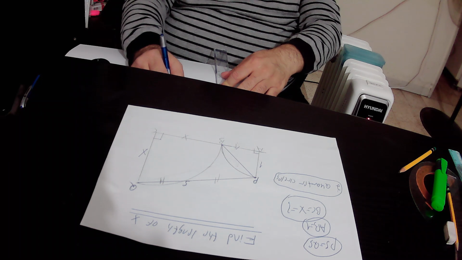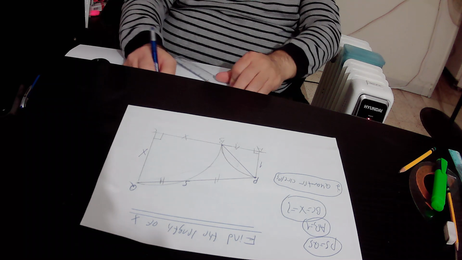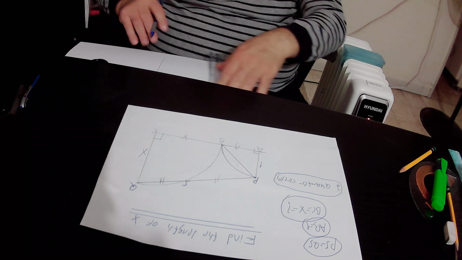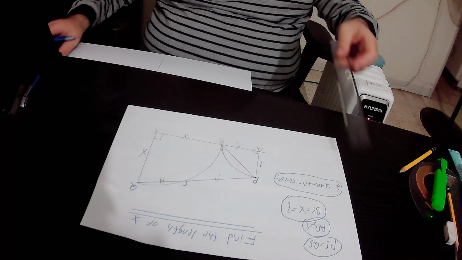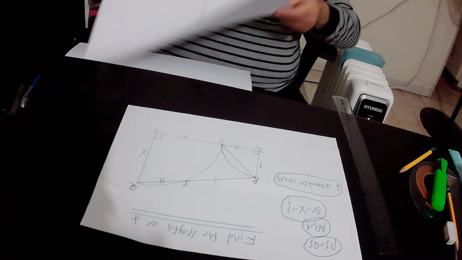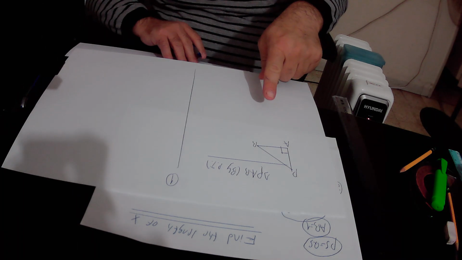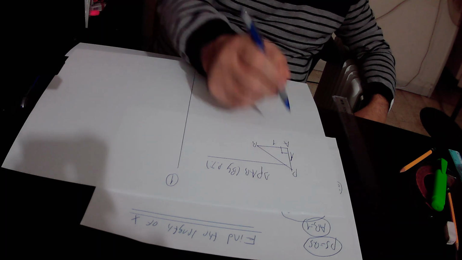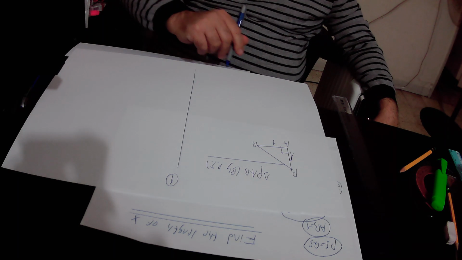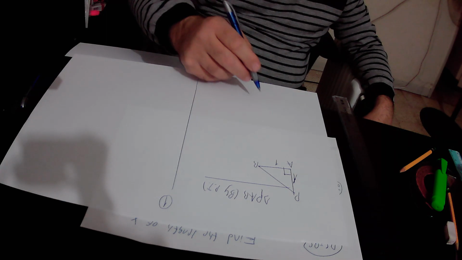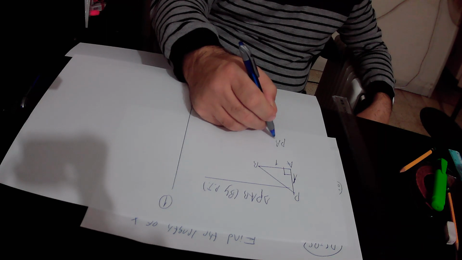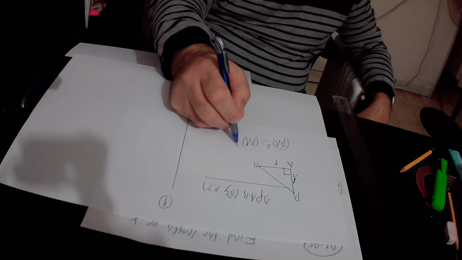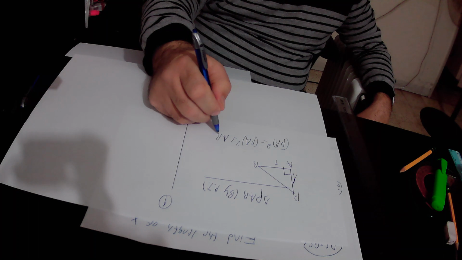So actually, this is the right triangle PAB that I copied from the original drawing. According to the Pythagoras theorem, in this right triangle PAB, PB square equals PA square plus AB square.